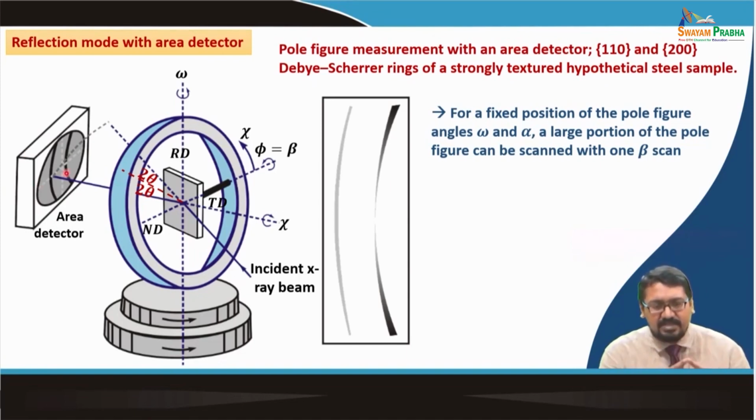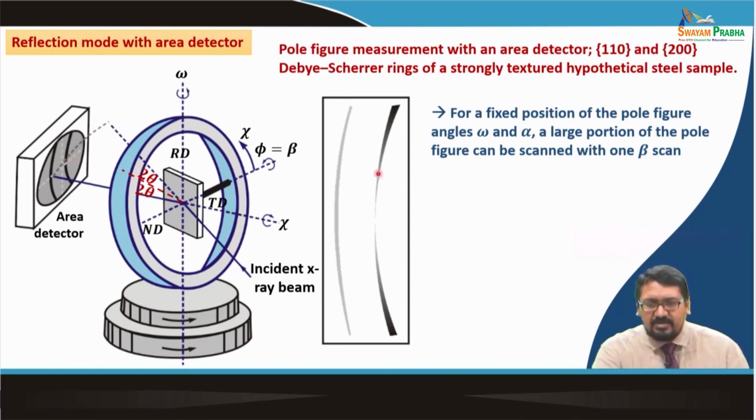Hypothetically, this is just not a to-scale diagram, which shows intensity measured from 110 and 200 together using an area detector.